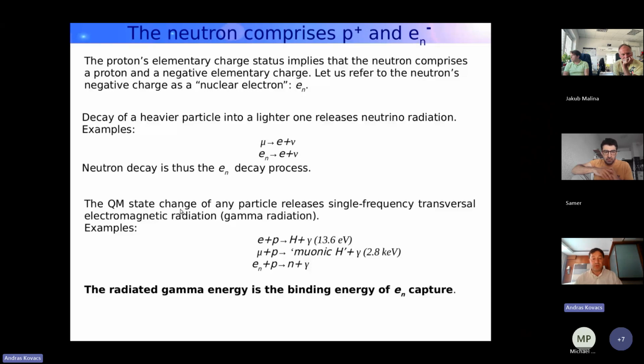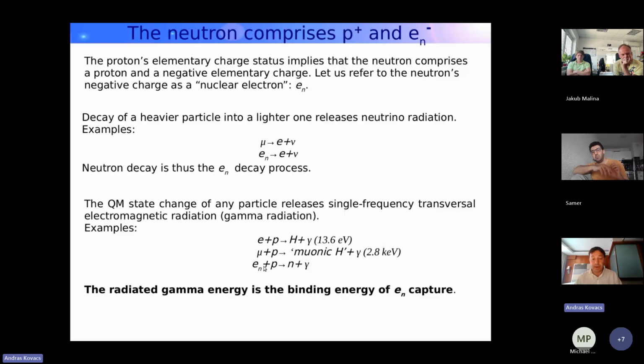Another type of reaction is the capture of this nuclear electron by a proton or other nucleus. From the quantum mechanics point of view, the nuclear capture is just a quantum mechanical state change, and the QM state change releases single frequency transversal radiation. So in the electron and proton case, we get hydrogen plus the well-known 13 electron volts. Exactly the same process occurs in the muon plus proton case: we get gamma emission and muonic hydrogen.